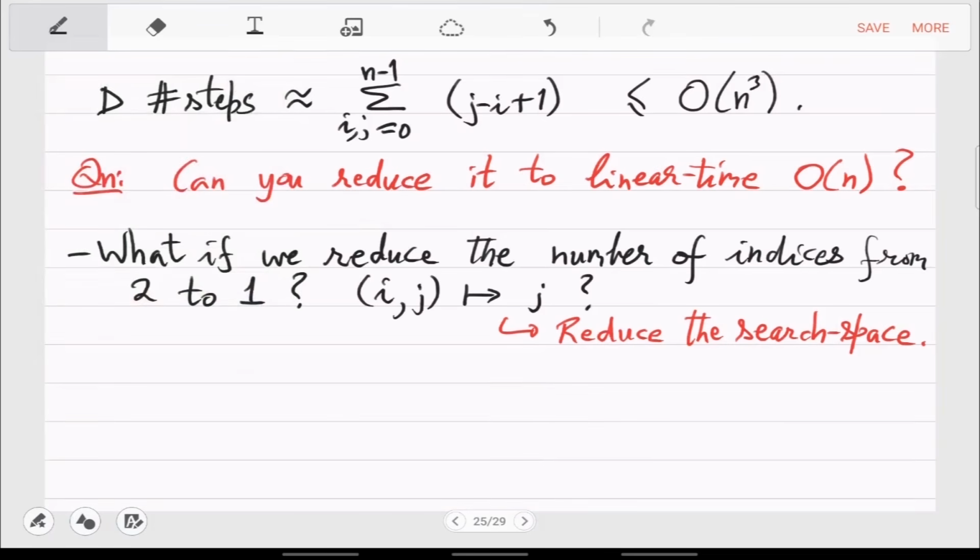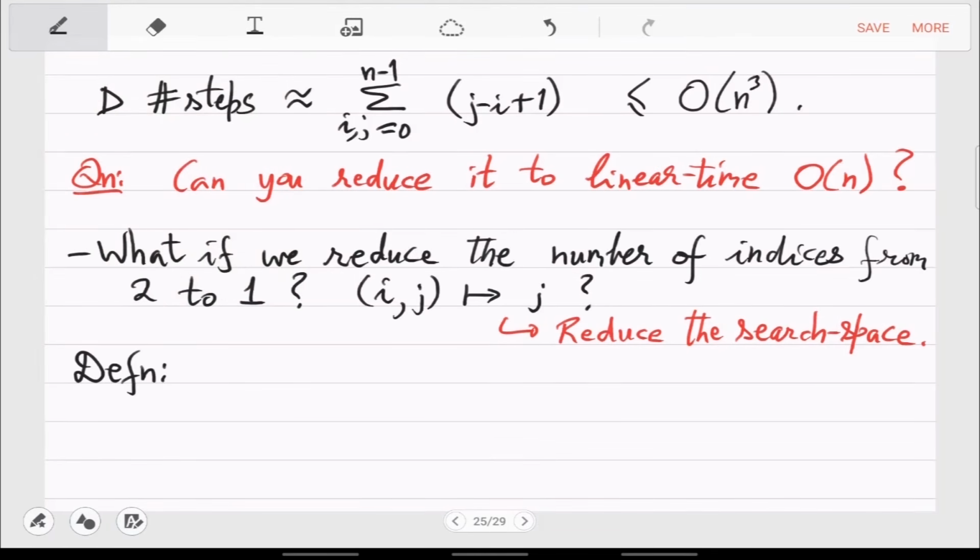Right? So the cleverness is not in just coming up with this idea, but actually showing that even drastically reducing the search space from n squared to n, still the solution exists in this smaller space, right? So for that we have to work harder.